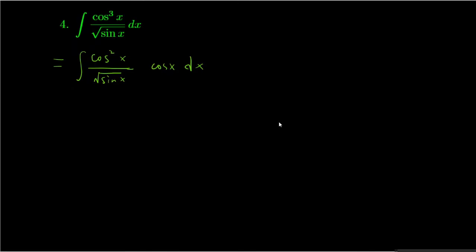The next job is to use a trig identity to rewrite the other factor in terms of sine of x. Is it possible? Cos of x squared can be written in terms of sine of x as 1 minus sine of x, the whole thing squared.